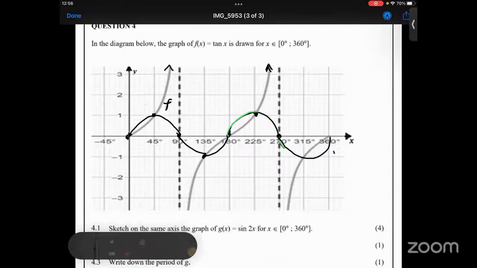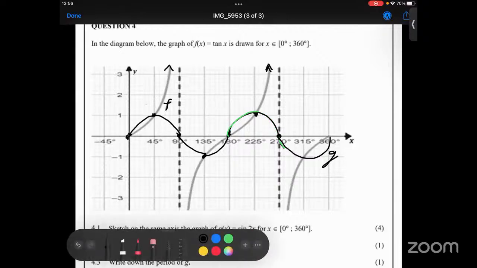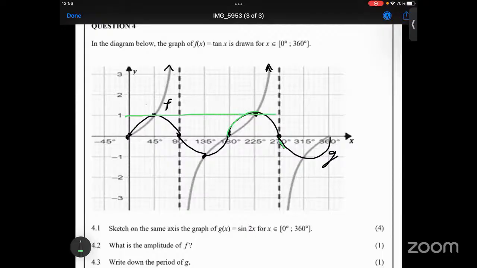So let's see. Remember, this is the graph of G. What is the range of that function of G? The range of that function of G is ranging between 1 and -1.